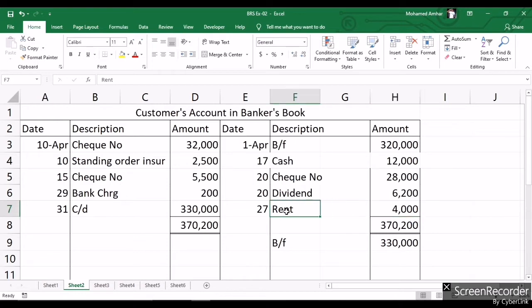Actually, there is no such rent to be received by this organization. This is an erroneous error done by the bank. So definitely this 4,000 wouldn't have been debited by the organization.